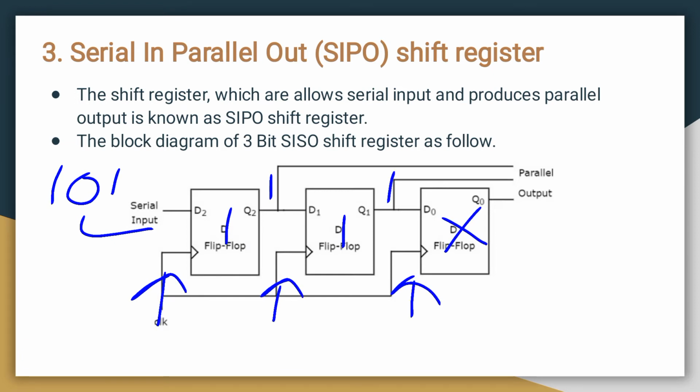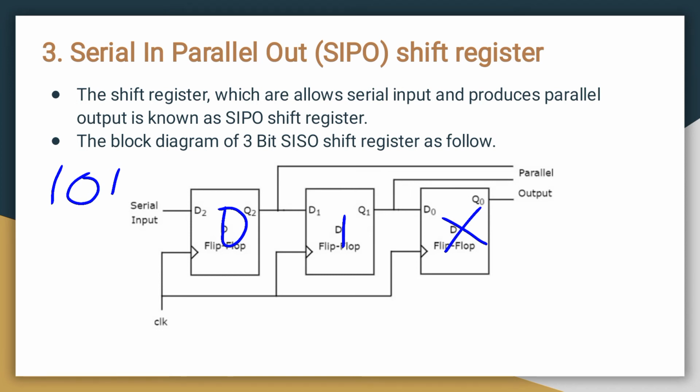For the first flip-flop the input is 0, so the stored content goes back to reset, and the output is also reset. This is the condition for the second clock.